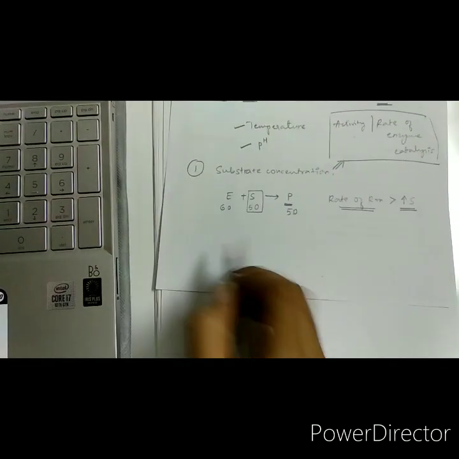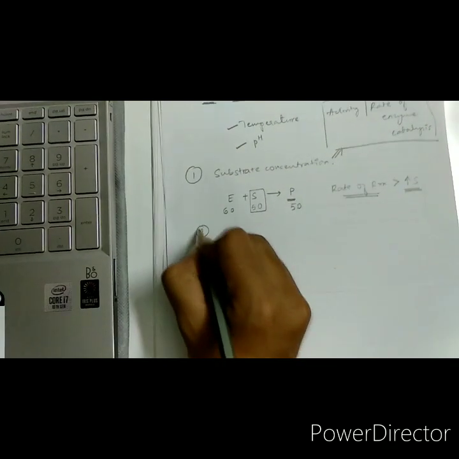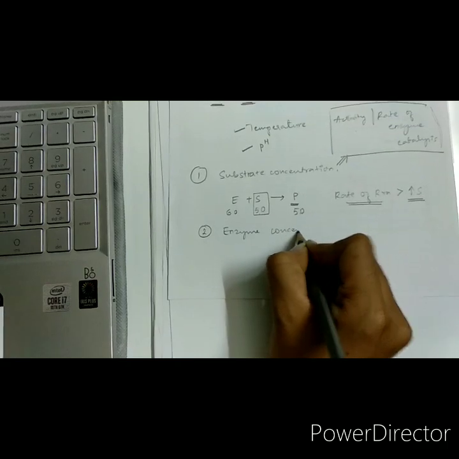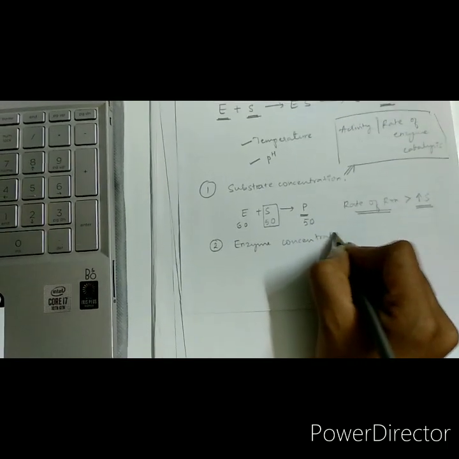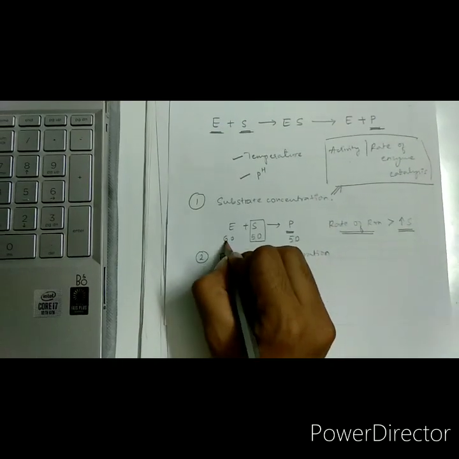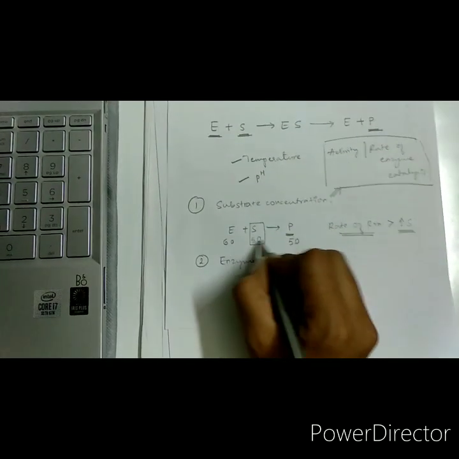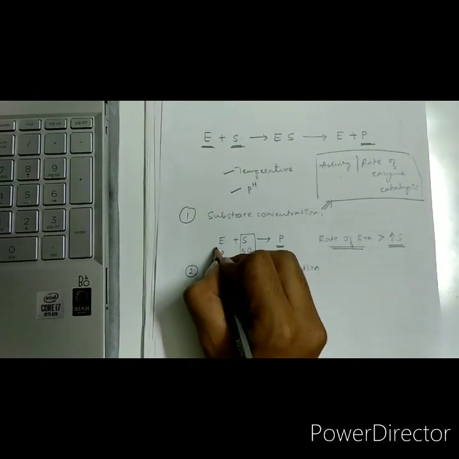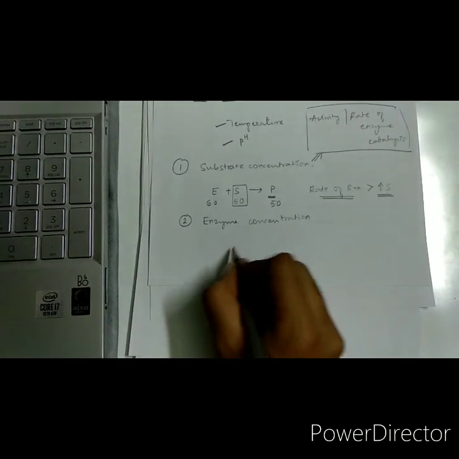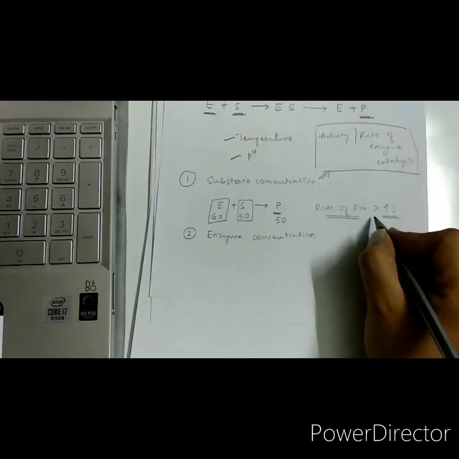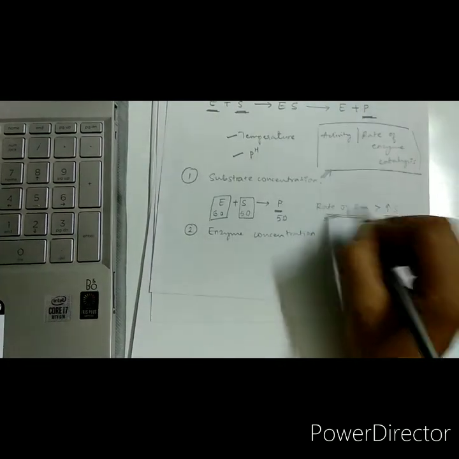Next comes enzyme concentration. Again, similarly, if there are 60 molecules of enzyme and 50 molecules of substrate, the product formed is only 50. So altering the enzyme concentration also alters the rate of reaction.